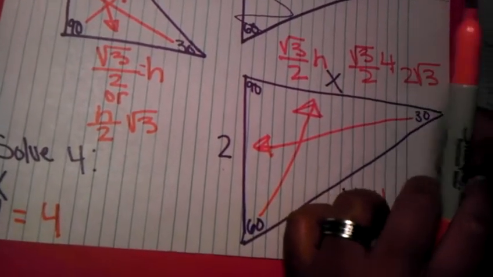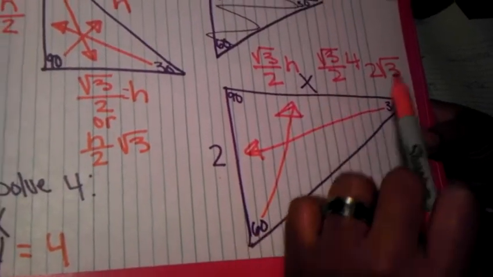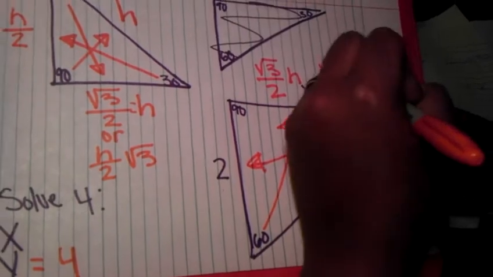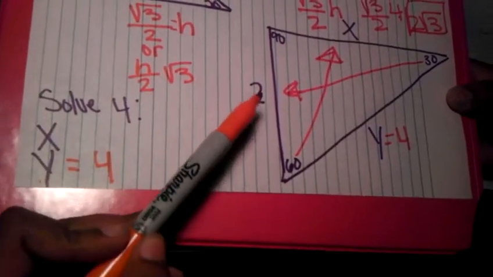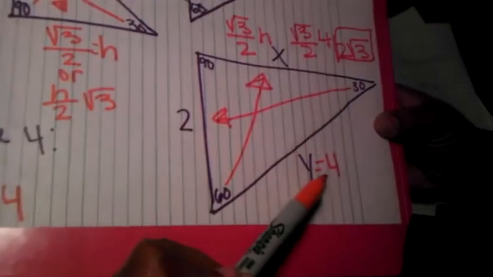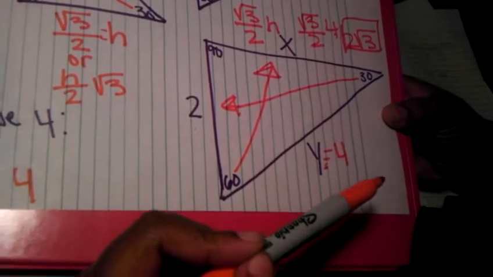So 3 is a prime number. And so your long side is 2 square root of 3. Your short side, you already knew that was 2. And then we found your hypotenuse, which is 4.